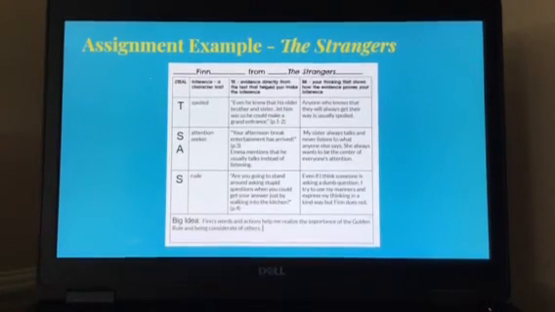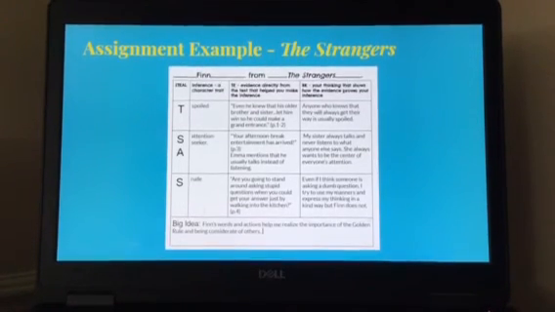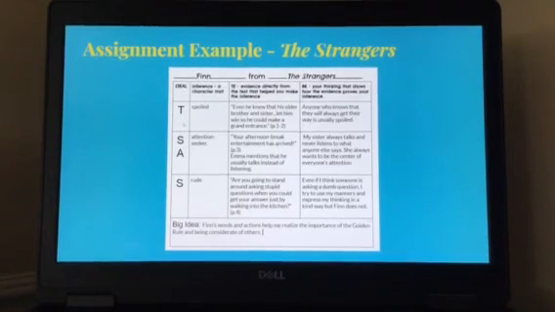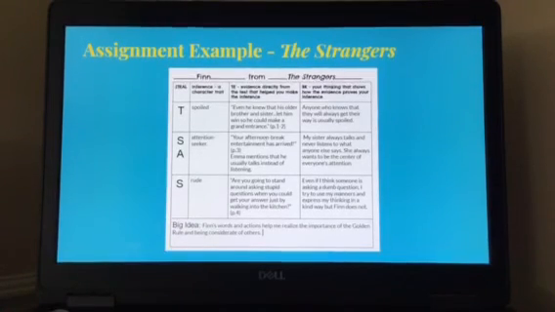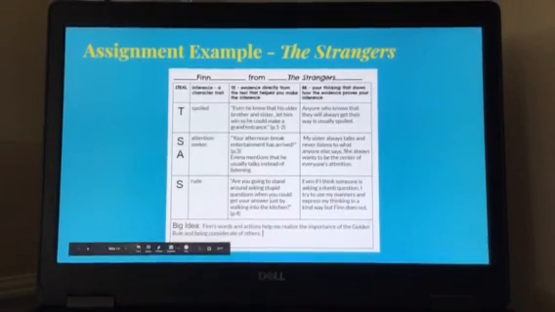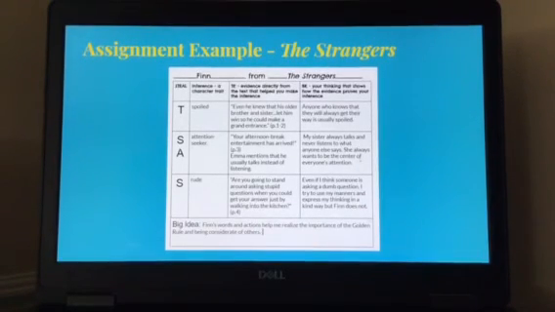I have Finn, which is the character's name, from The Strangers. My inference was spoiled, attention-seeking, and rude. Those were his T for thoughts. And I have that all written out in my STEEL section, my text evidence with page numbers and quote marks, my background knowledge, and my big idea.